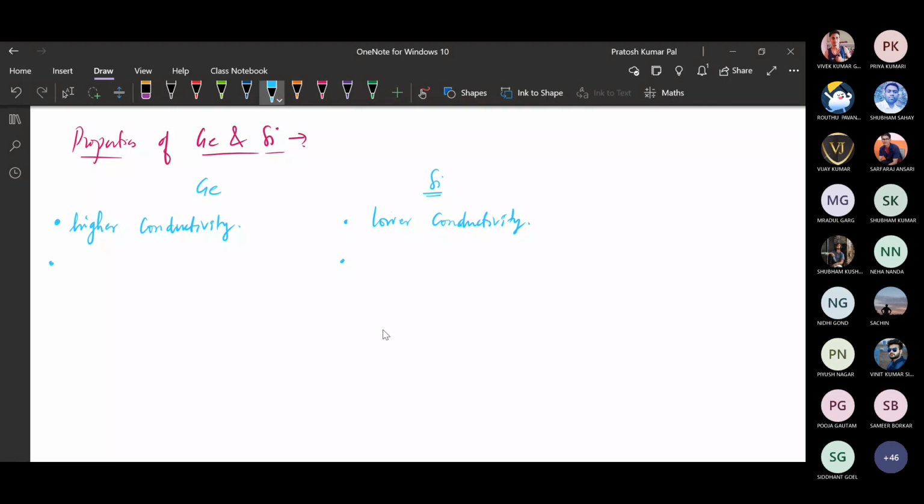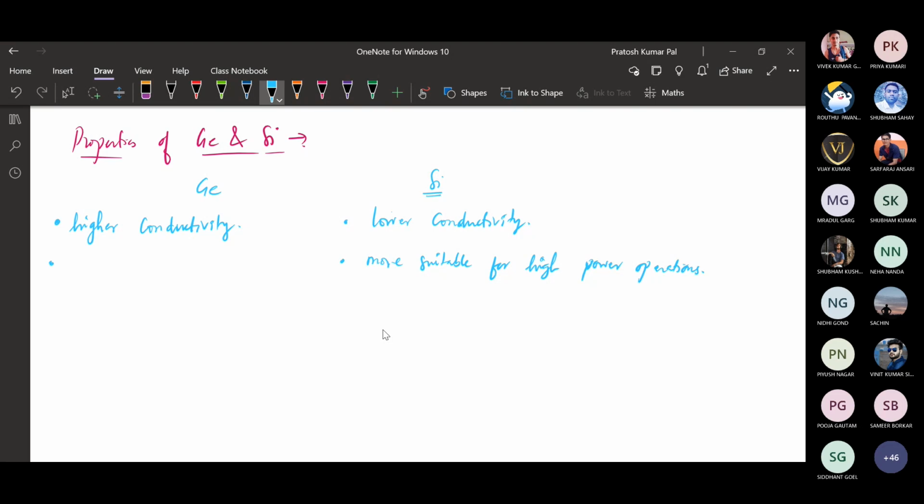It is more suitable for high voltage or high power operations, because it can withstand higher temperature. So that is one of the advantages.